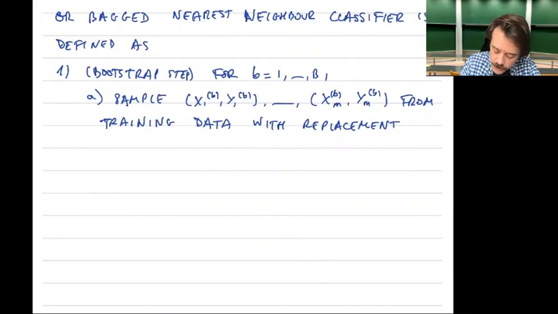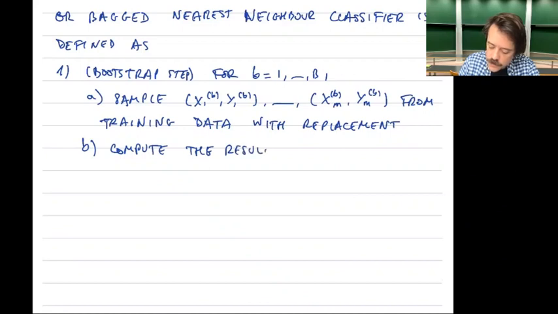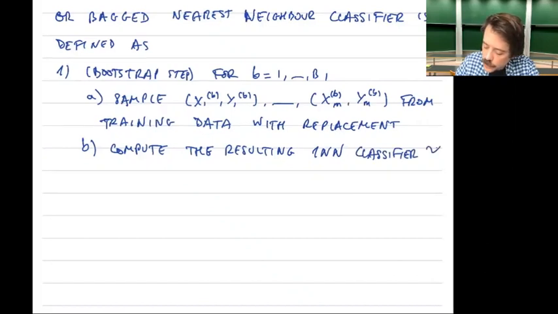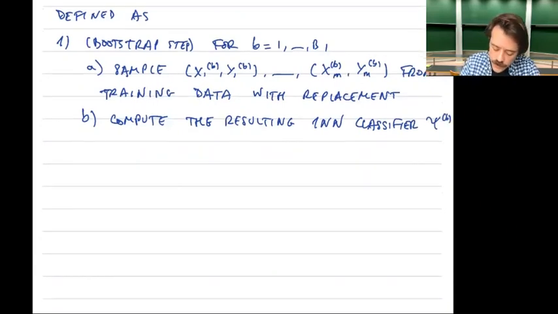And then, compute the resulting one nearest neighbor classifier. We're going to call this one psi b. Of course we have one for each set of bootstrap samples.